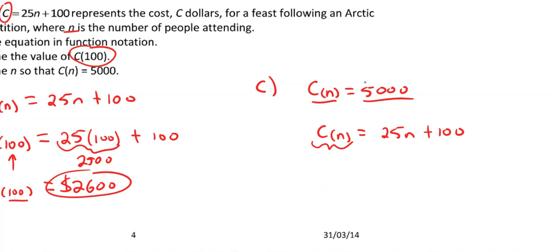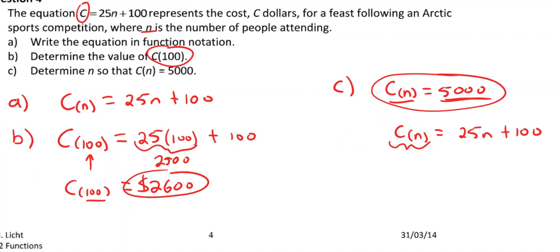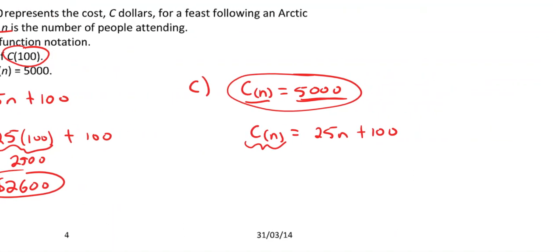The way that this is written, they're saying that my output is 5,000. This is saying, what value of N would give me $5,000? It's like asking it the other way around. So it's your job to figure out how B and C in the example are different questions. But anyway, what this means is that we're going to have 5,000 instead of C of N.